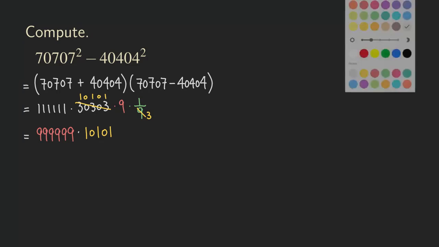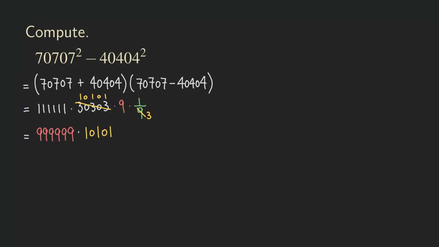Okay, so at this point, it feels like we still need to do the long multiplication. It's still going to be terrible. It feels like it's worse than before. But here, we can turn this 999,999 into 1 million minus 1. So we have 1 million, that's 6 zeros with the 1, right? Minus 1.